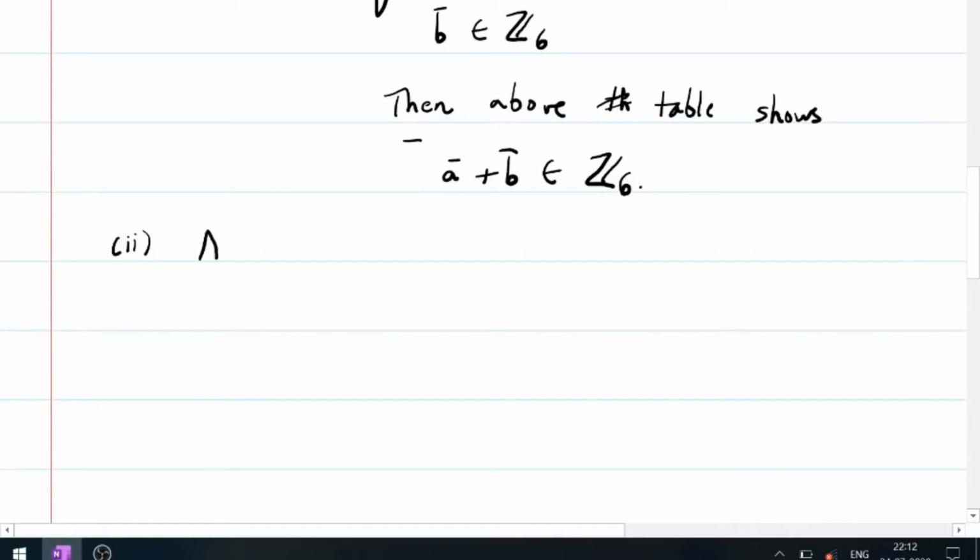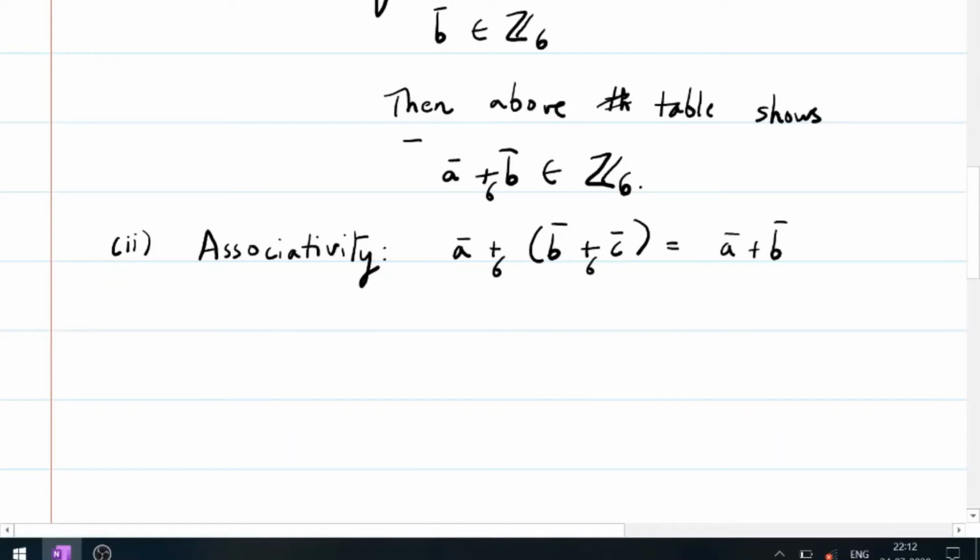Then second is associativity. Associativity is easy to check, so I will leave it as an exercise for you. This addition is modulo 6. A bar plus B bar plus C bar is always equal to A bar plus B bar plus C bar.